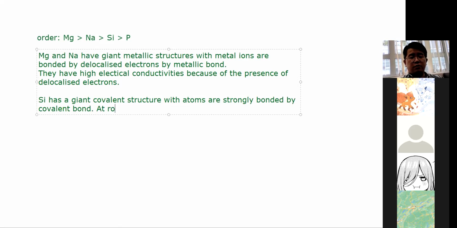But at room temperature, very few electrons are said to be delocalized, right? Why? They will gain enough energy.